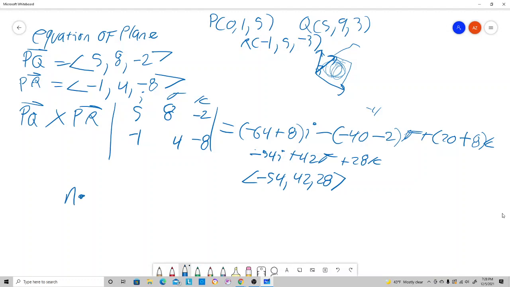So n dot x y z is equal to n dot, and the n is a vector, and this is our n. So n stands for the normal vector, aka the orthogonal vector, times our x initial, y initial, and z initial.